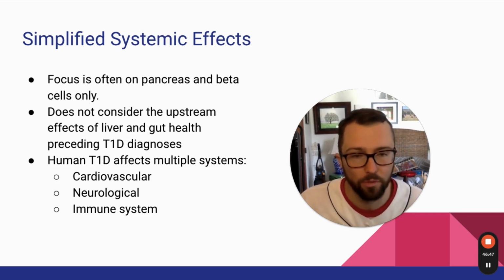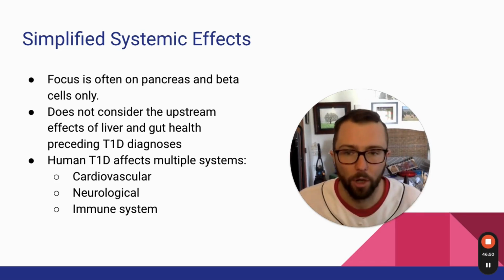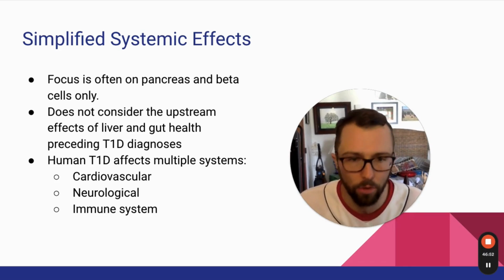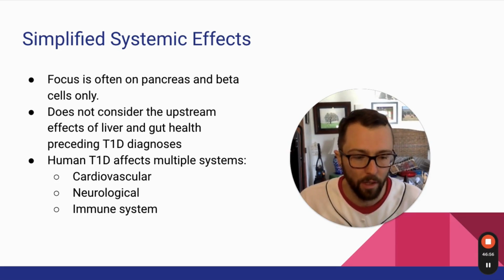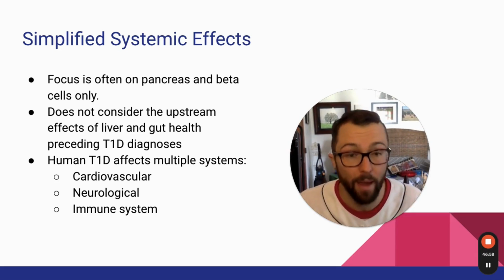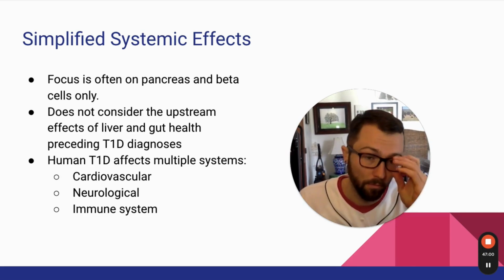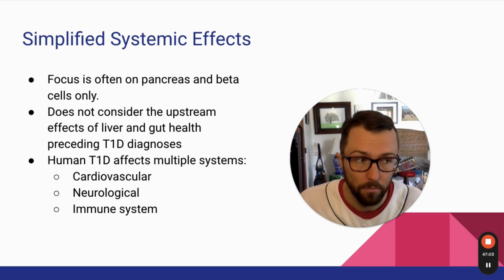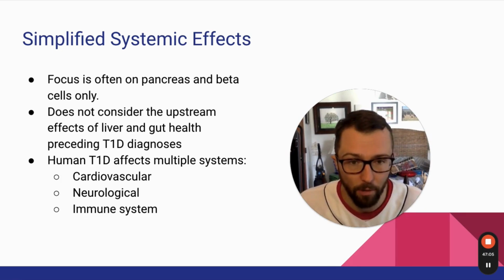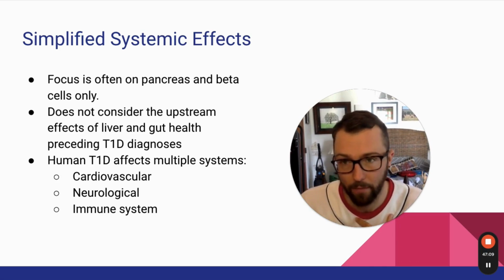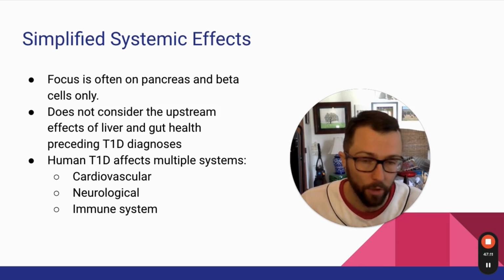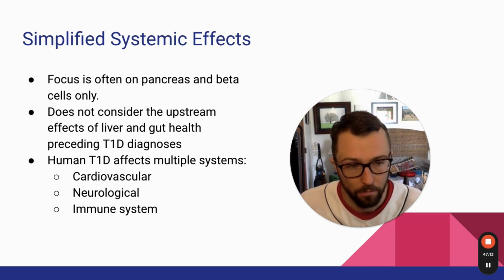And I mean, this goes so much further than that, right? Cardiovascular, neurological, immune system factors that are both upstream and downstream of diabetes management, right? So let's say you have some sort of cardiovascular issue, right?